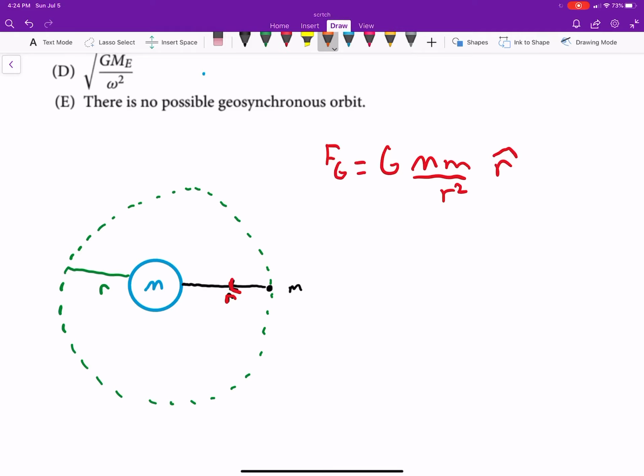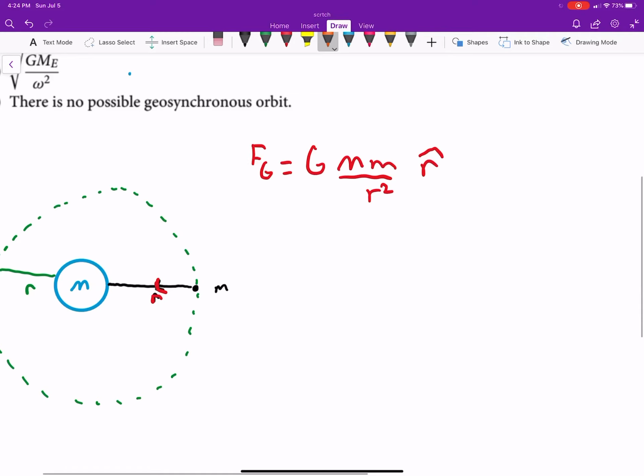I'm also going to write down some ways we can think of centripetal acceleration, because obviously the satellite is going in a circle. We can think of it as v squared divided by the radius. We can think of it as 4 pi squared r divided by the period squared.